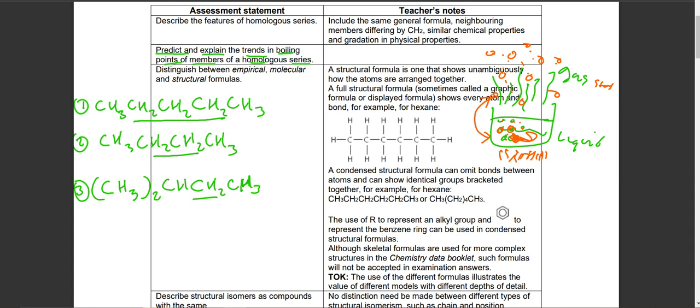When you learn about bonding and intermolecular forces, we have hydrogen bond, we have London dispersion, if you still remember. So like hydrogen dipole, if you still remember.